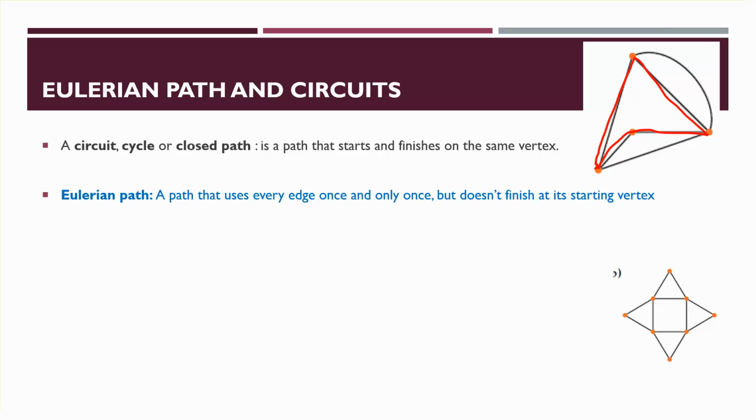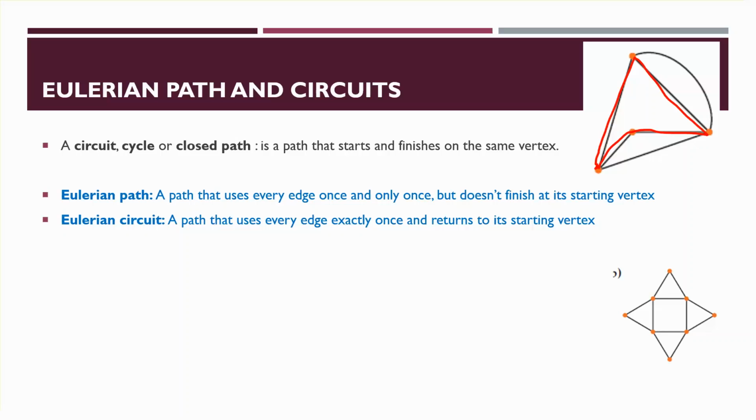Now, a Eulerian path is a path that uses every edge once and only once, but doesn't finish at the starting vertex. Whereas a Eulerian circuit is a path that uses every edge exactly once and does return to its starting vertex. We're going to go through a few examples of these.